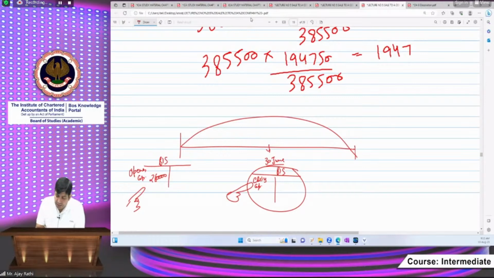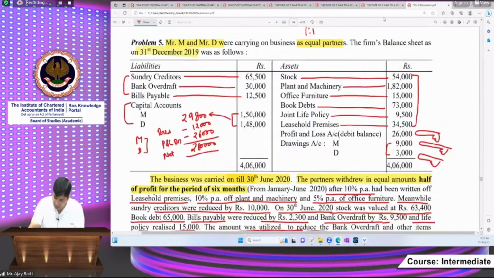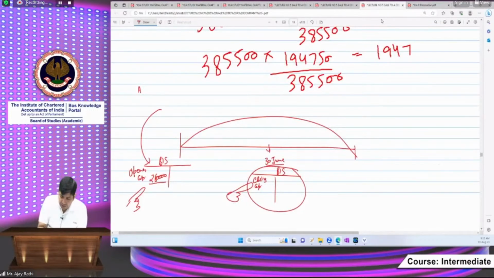Because the net capital is what is being compared. See how this came, because we are having Mr. M and Mr. D. But their capital balances must be net capital so that we can find out the figure by comparing. Kriti, now it's clear.